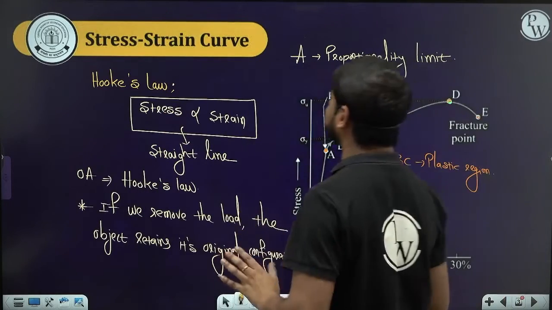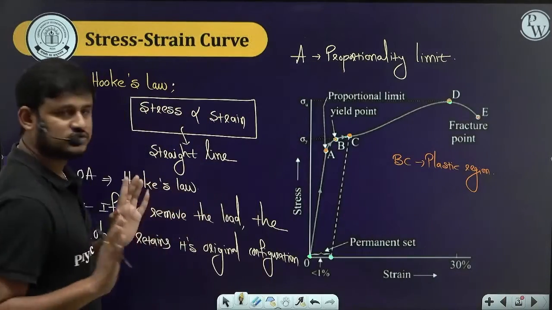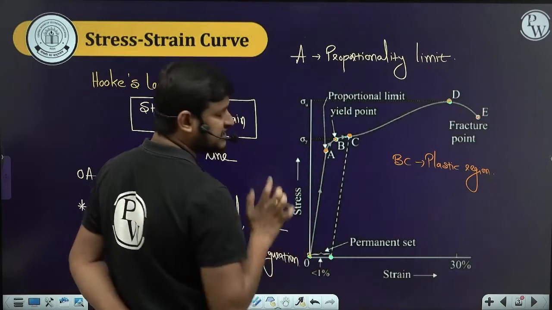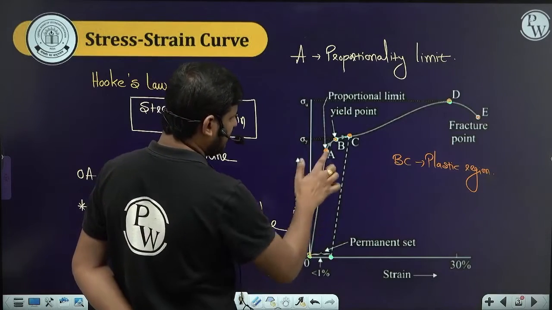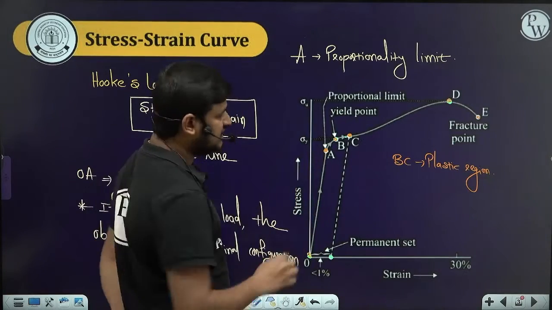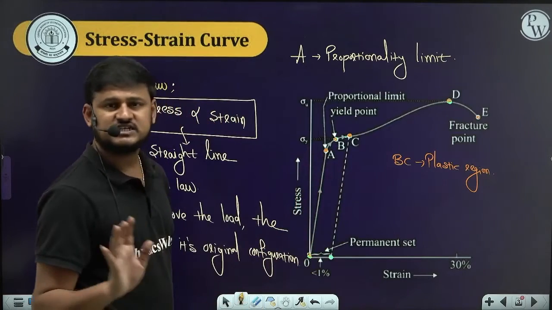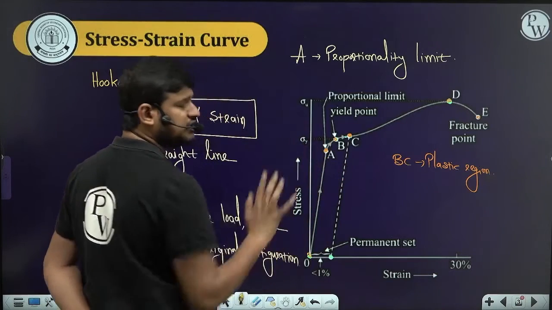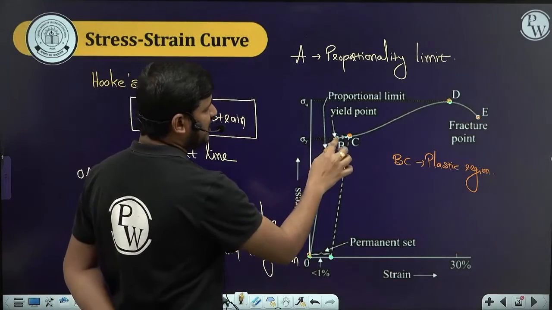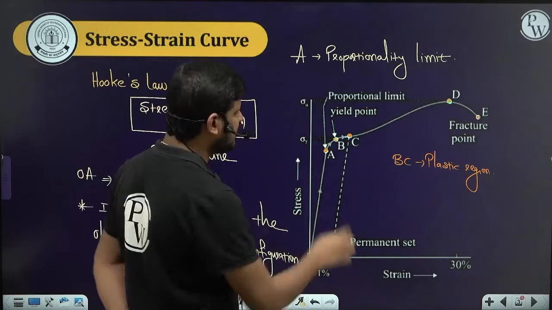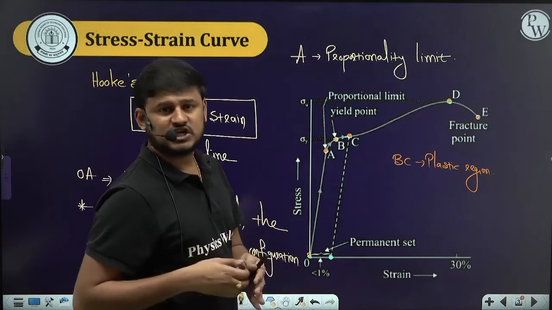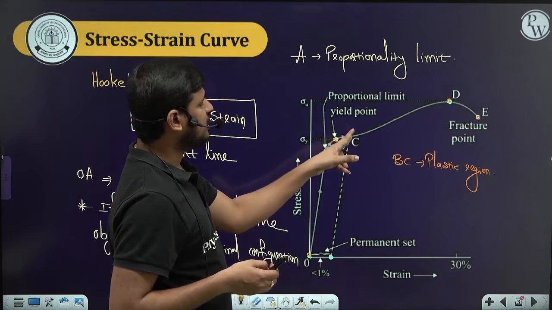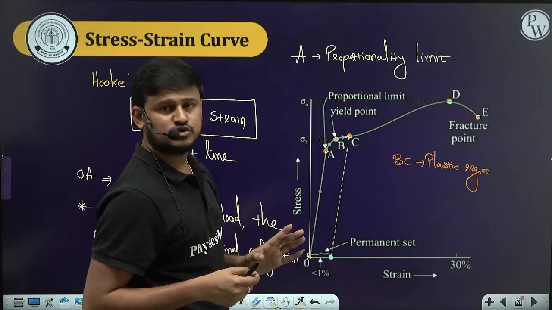So this is all about the stress strain curve. Let me brief this point again. See here, O to A region is the elastic region, where the stress is directly proportional to strain. If you remove the load, the body will retain its original configuration. A to B is also the elastic region. Up to point B, which is the yield point or the elastic limit, the body will retain its original configuration if you remove the force or stress.